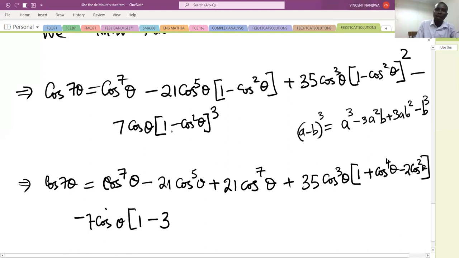So I'll have 1 minus 3 cos squared theta, and then plus 3 cos power 4 theta minus, raising this one to power 3, you get cos power 6 theta.